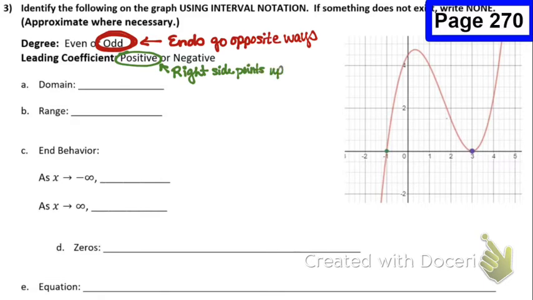I asked you to hold off on domain and range. We're going to look at it right now. I wanted to do it together. There's only one kind of function that we've studied this whole semester where the domain was not negative infinity to positive infinity. It's the one that we just took a test over last week, square roots. Square roots started at 0, 0, and then went off to the right.